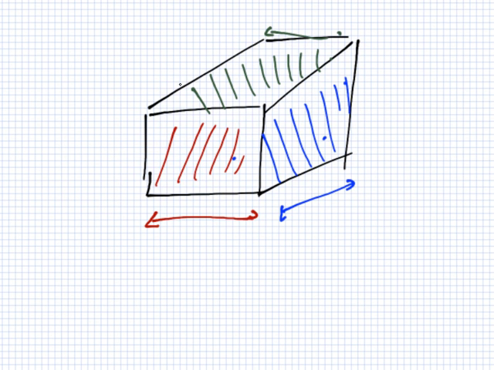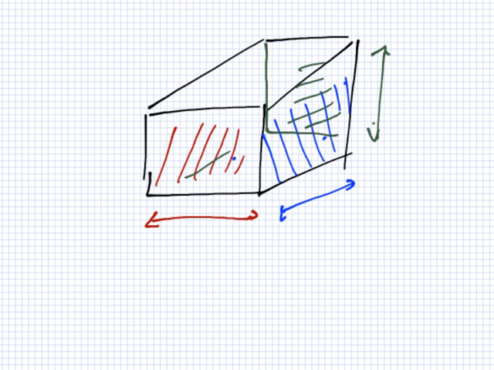I'm drawing something wrong here. It's at the back, isn't it? Yeah. This one here, yeah. But I think what they mean to say is the length of all the edges.